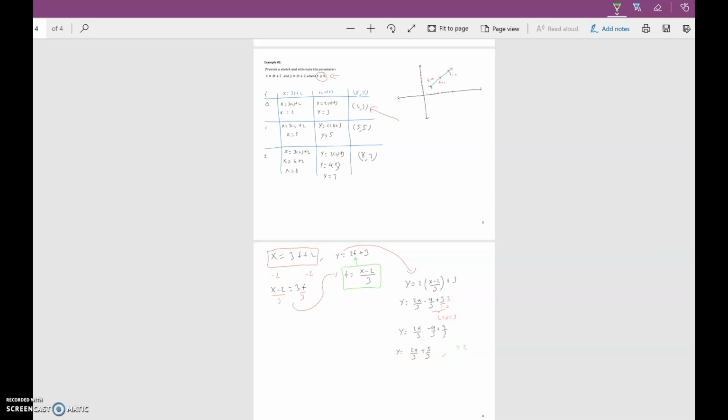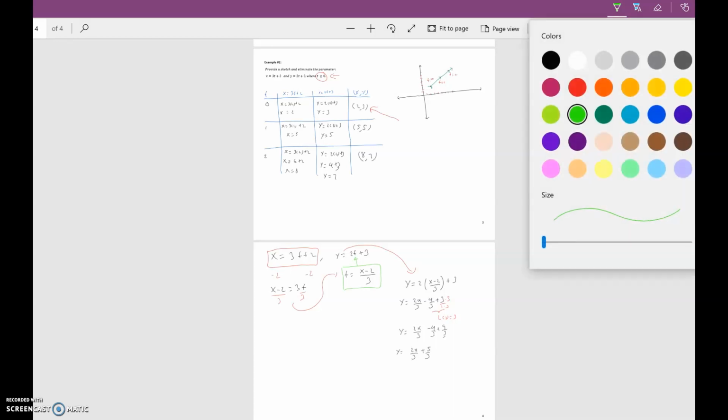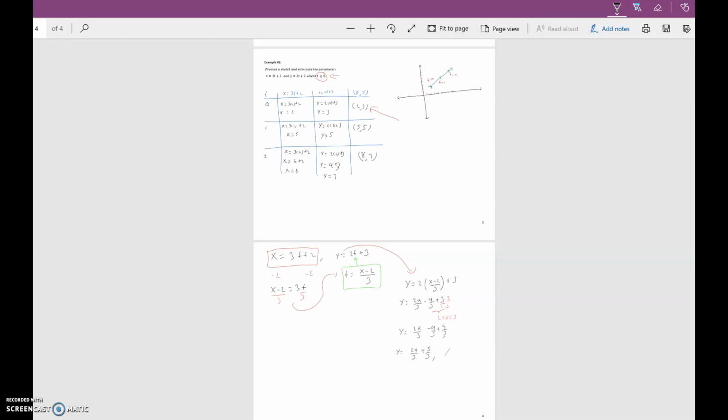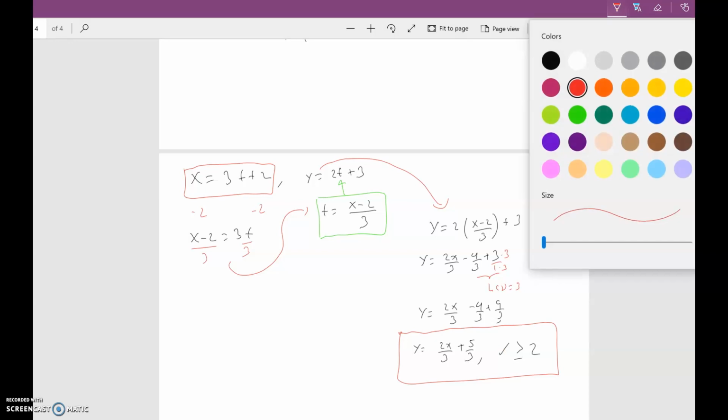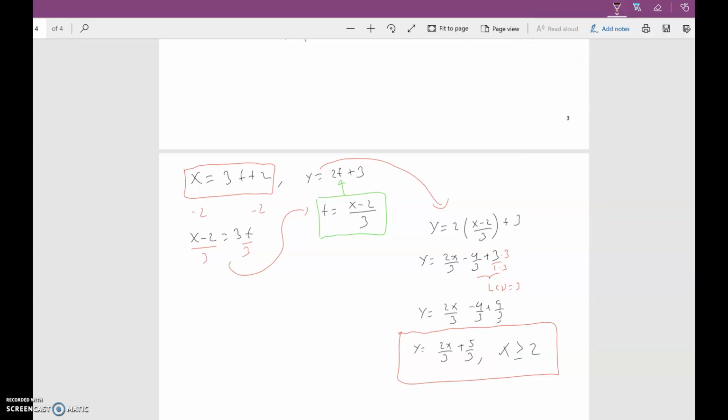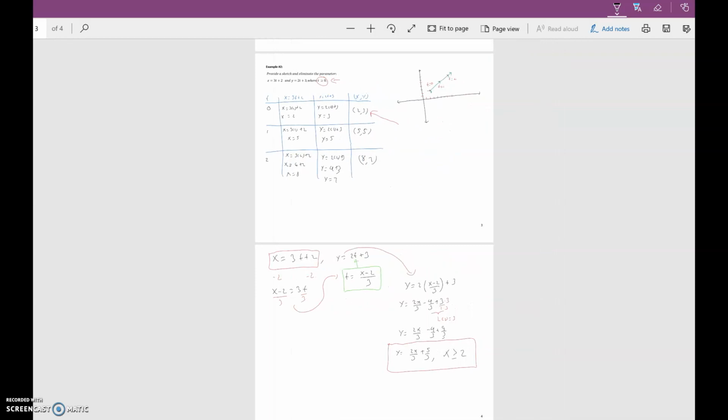That would be our complete answer. So in this case, x is greater than or equal to 2. That would be the proper function, and this is because your t is not allowed to be negative. So in this scenario, we will be looking at t equal to 0 as the minimum value and nothing below that point. So that would be your x's, and that would be it.